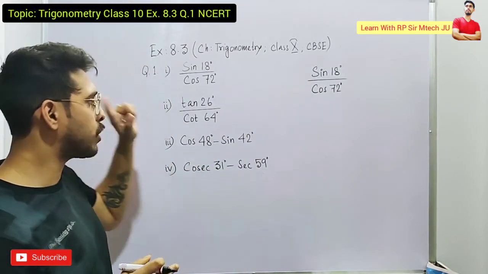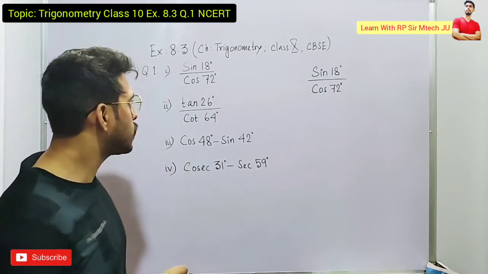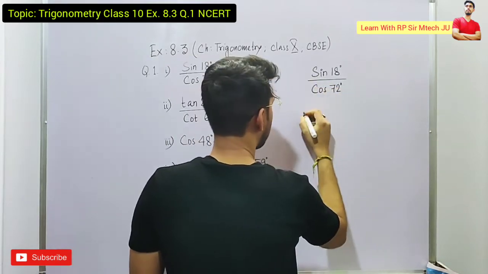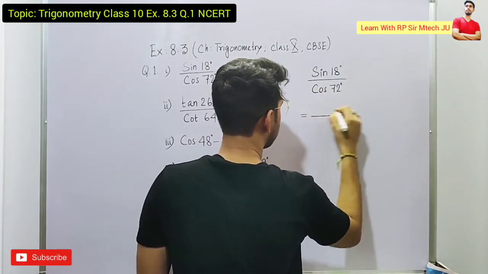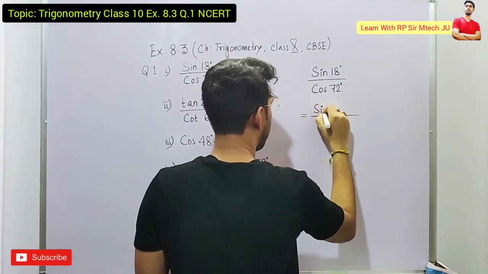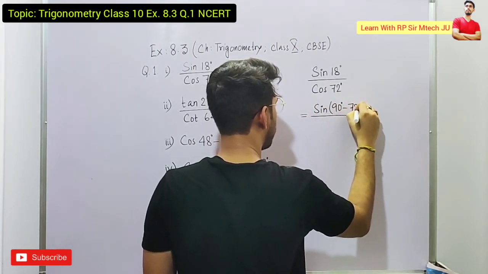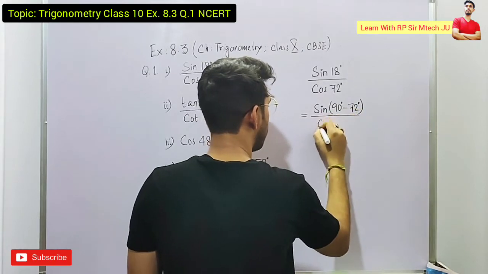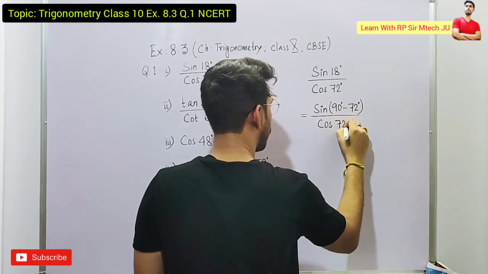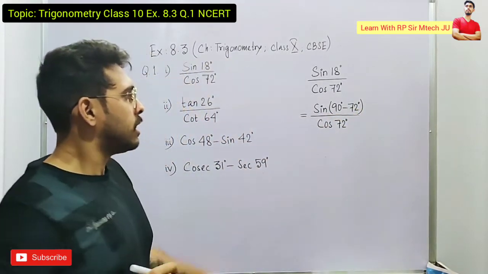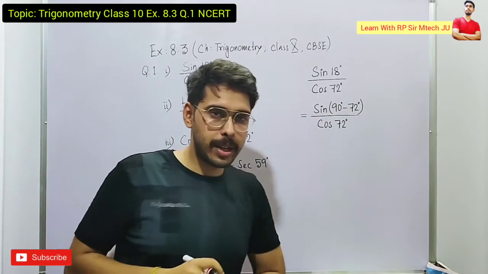On the second question, we are going to alter the denominator. If we alter the numerator, in sine 18 degree, we can write 18 as 90 degree minus 72 degree, right? Divided by cos 72. We are not altering the denominator in this question. We can write 90 minus 72 for 18 degree.